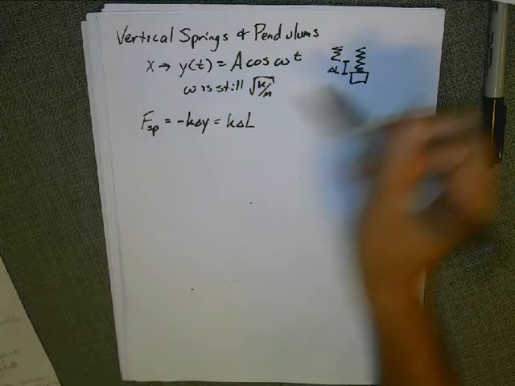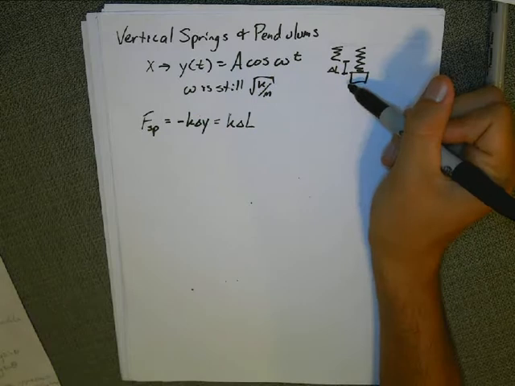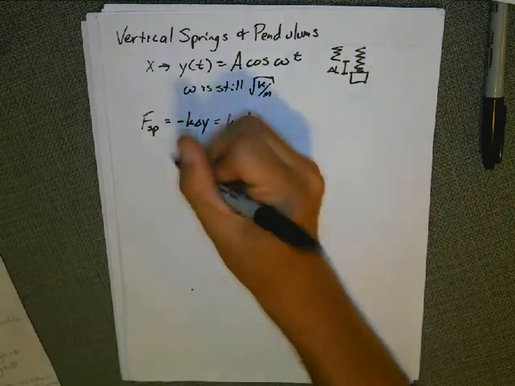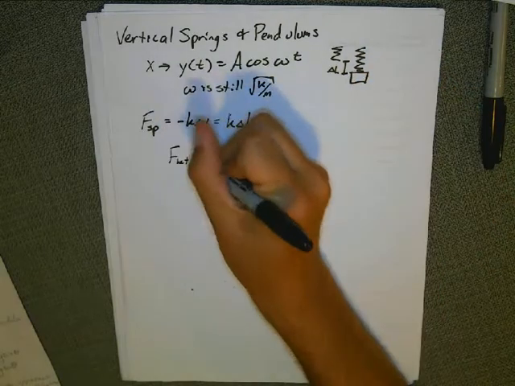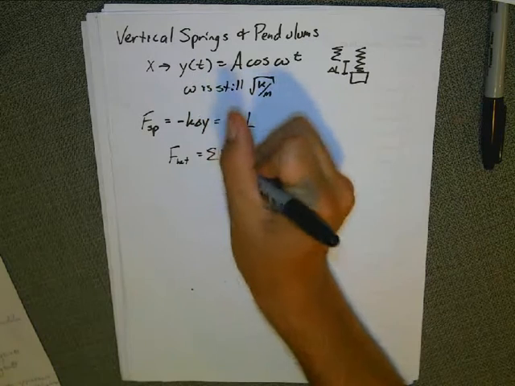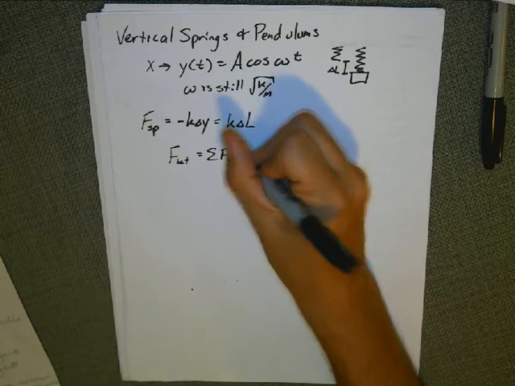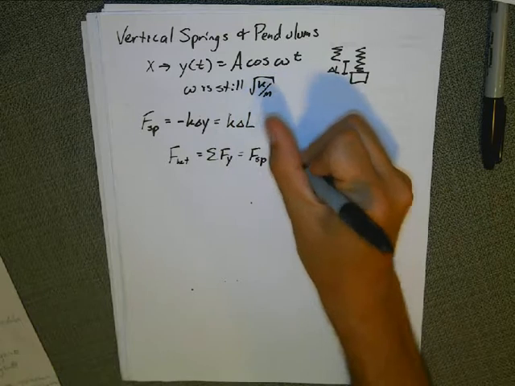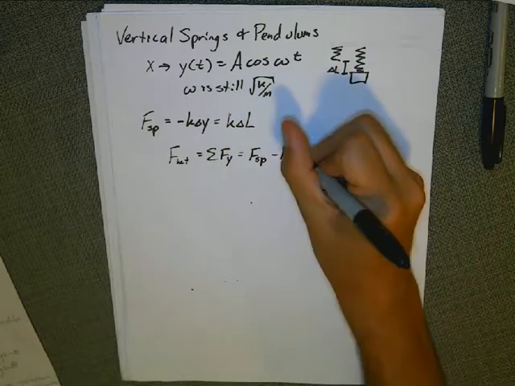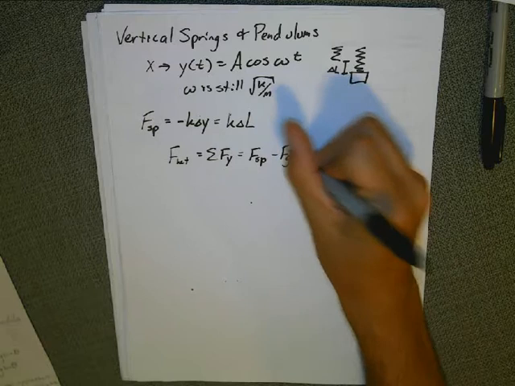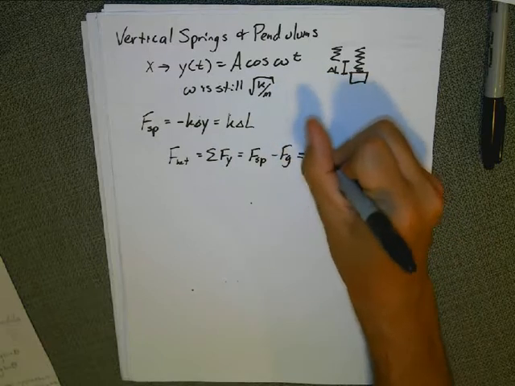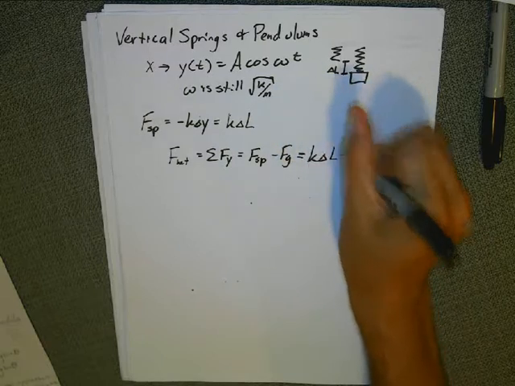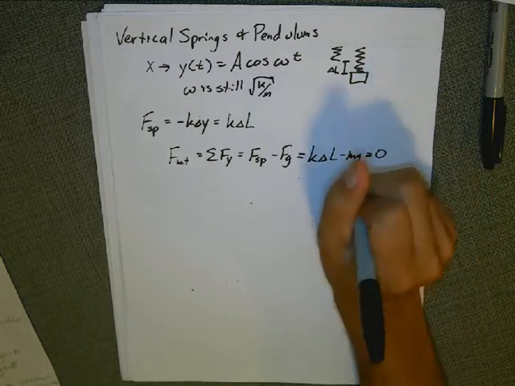So if we're using Newton's second law, F net equals the sum of the forces in the y direction, and we have the spring force pointing up, force due to gravity pointing down, and this will be equal to k delta L minus mg, all equal to 0 because it's at equilibrium.